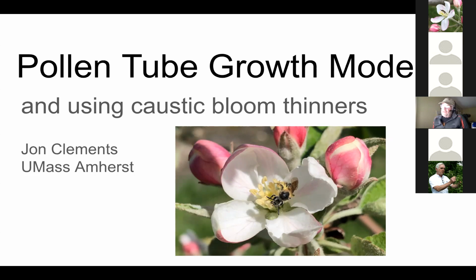And actually, I stole this picture from one of Phil Schwallier's presentations out at Michigan State University. So if you have a tall spindle orchard like this, and typically there's upwards of 200 flower clusters with 5 or 6 flowers per cluster, you could have 1,000 flowers on there.